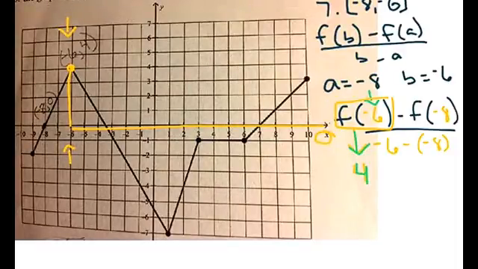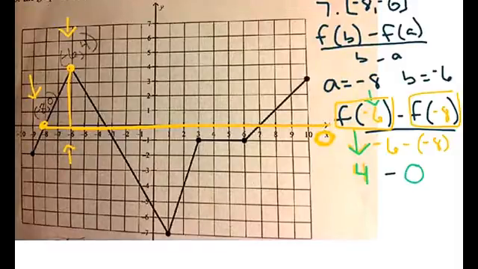Alright, so now I need to do the same thing for f of -8. So I'm going back to the x-axis. I'm going across until I find -8. Well, look at that. The graph actually is crossing the axis right there. So as you can see here, the point is -8, 0. So the question is, what is the y value at that point? The y value is 0.